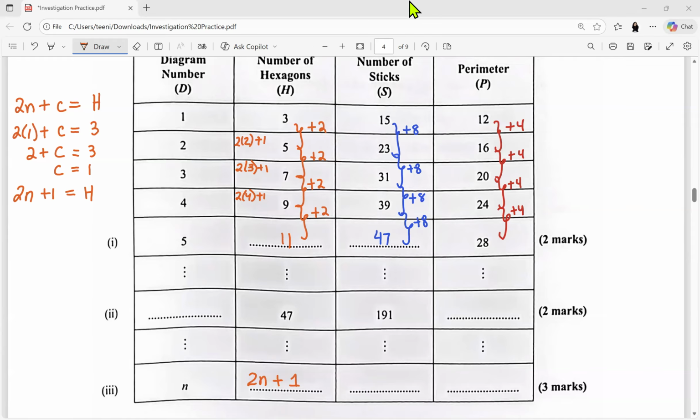How many hexagons will you have now? 61. 61, correct. How you got it? Because you multiply 2 by 30 and you add 1. Correct. You multiply 2 times the diagram number, and then you add 1.